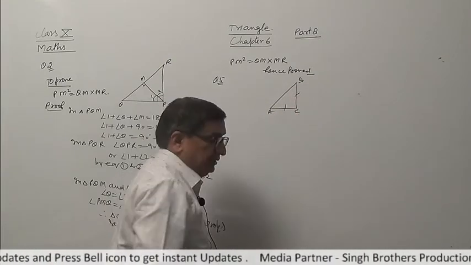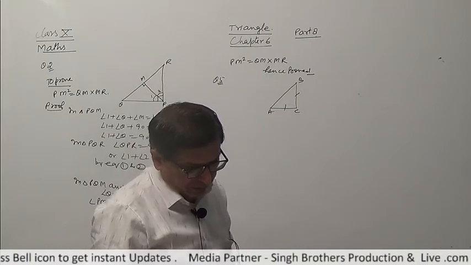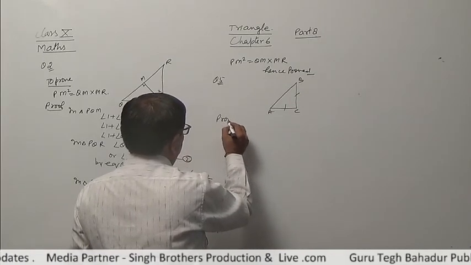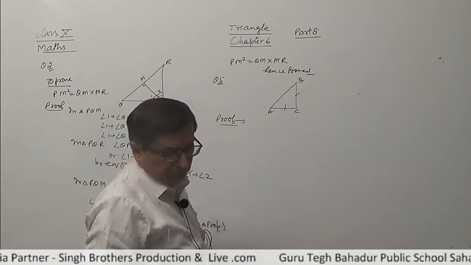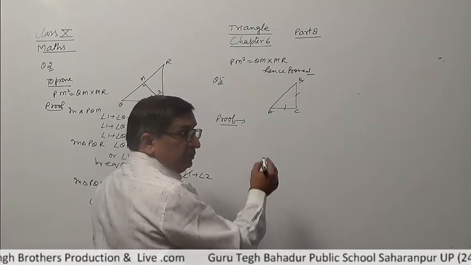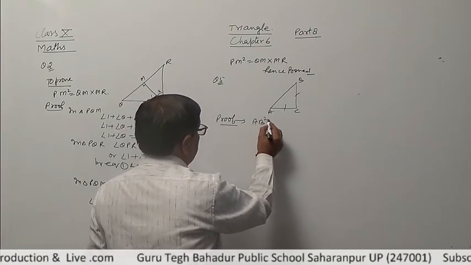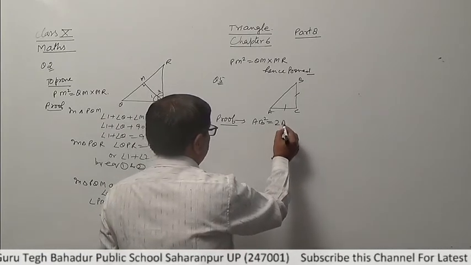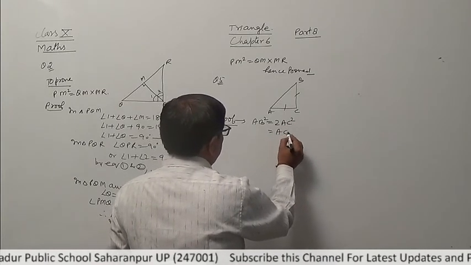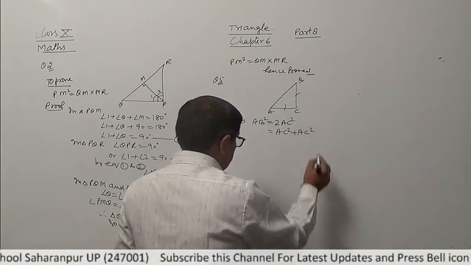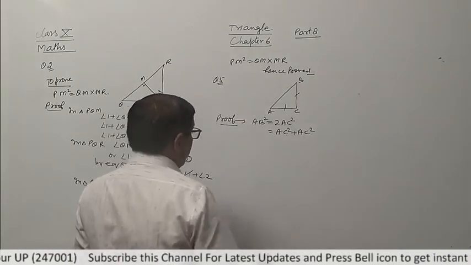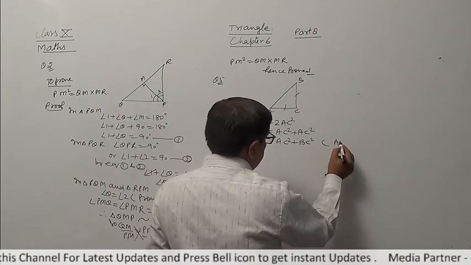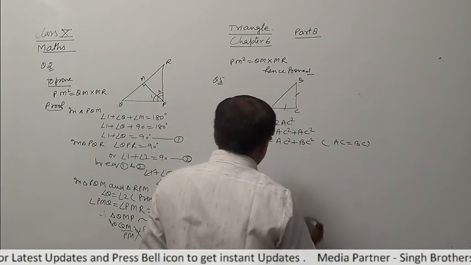To prove AB square is equal to twice AC square. It can be written as AC square plus AC square. It is AC square plus BC square because AC is equal to BC, given.